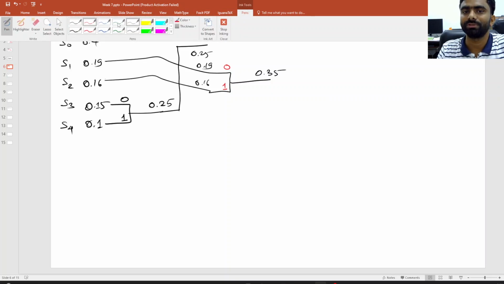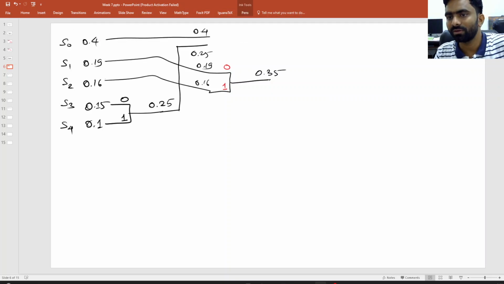Now repeat the process. 0.35. Now where will it go? It is lower than 0.4. So 0.4 will still be on the top position, 0.35 in the second, and 0.25 will be third.